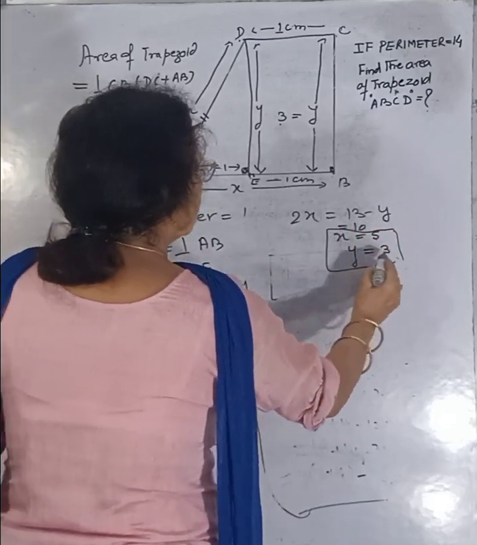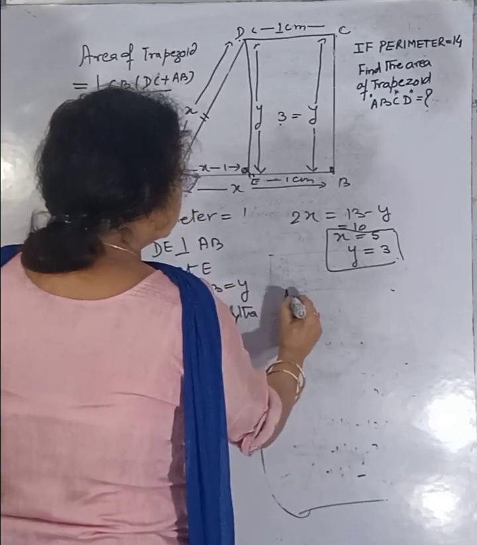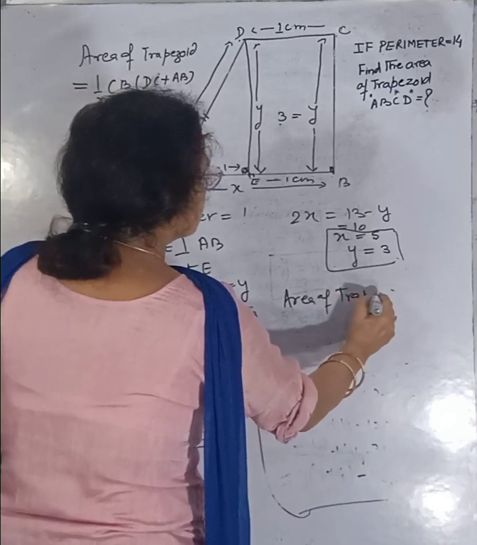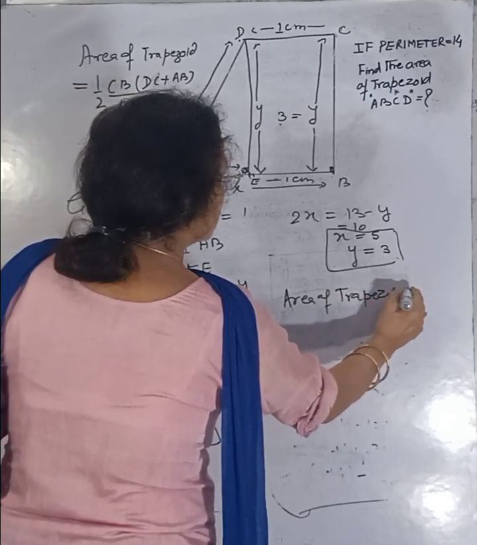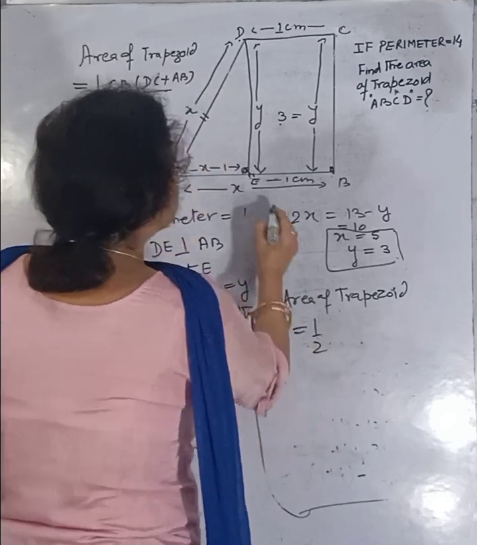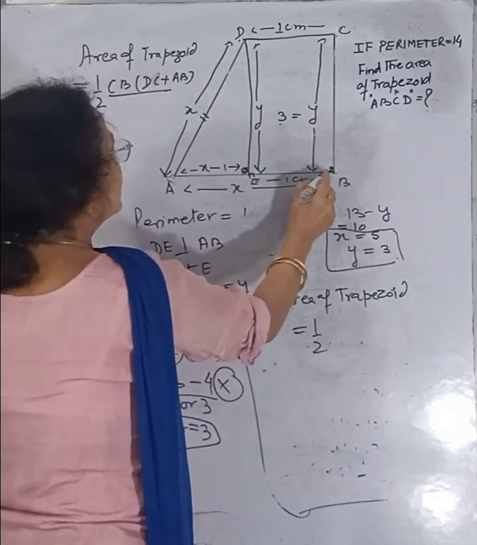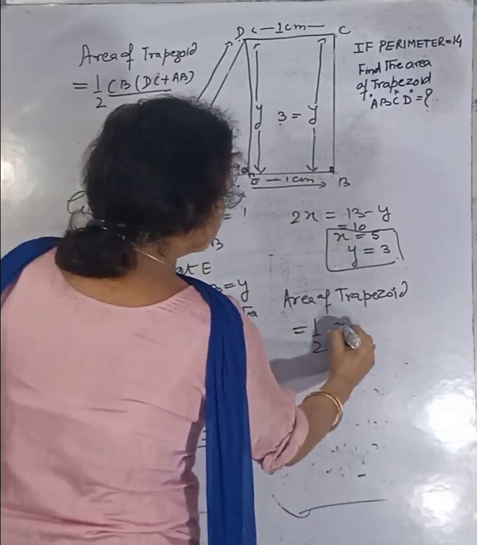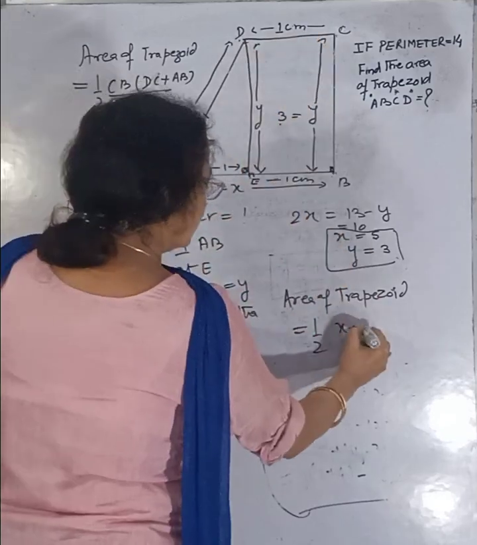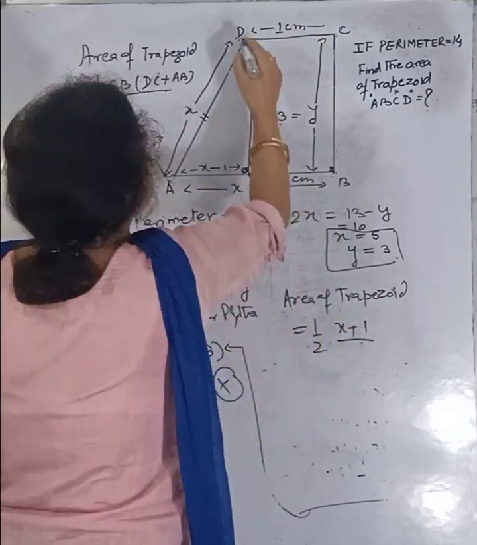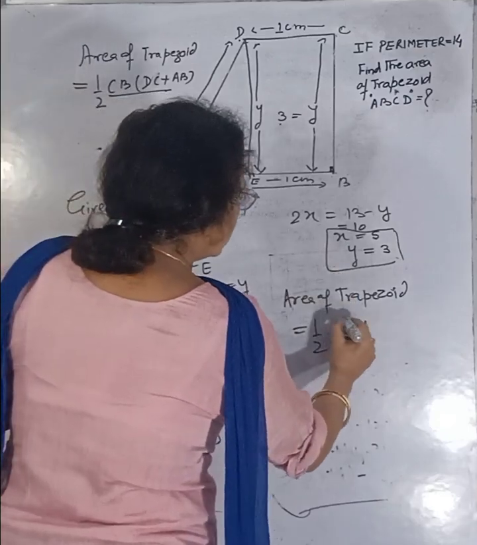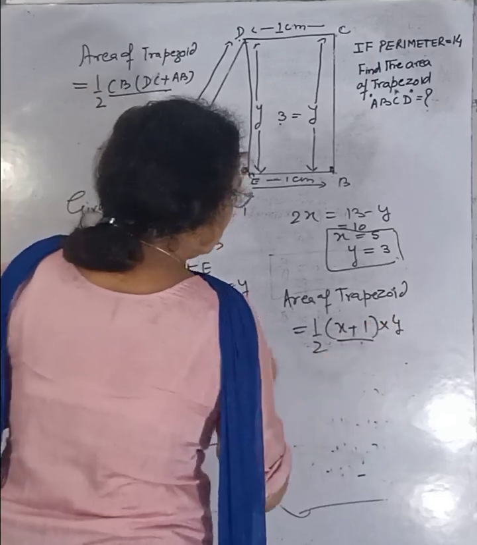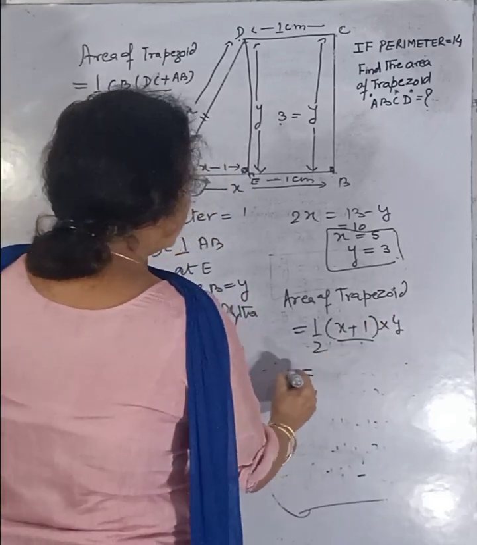Now the area of the trapezoid will be half of the sum of the lengths of the two parallel sides, which is x plus 1, into the perpendicular distance between them, y.